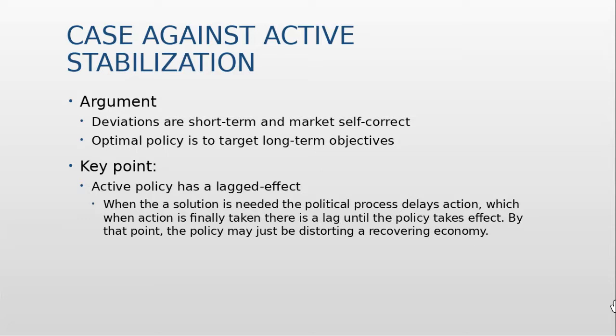And the key point they use to attack active stabilization is that active policy has a lagged effect. When the solution is needed, the political process delays action, and by the time the action is finally taken, there's a lag until the policy takes effect. By that point, the policy may just be distorting a recovering economy.